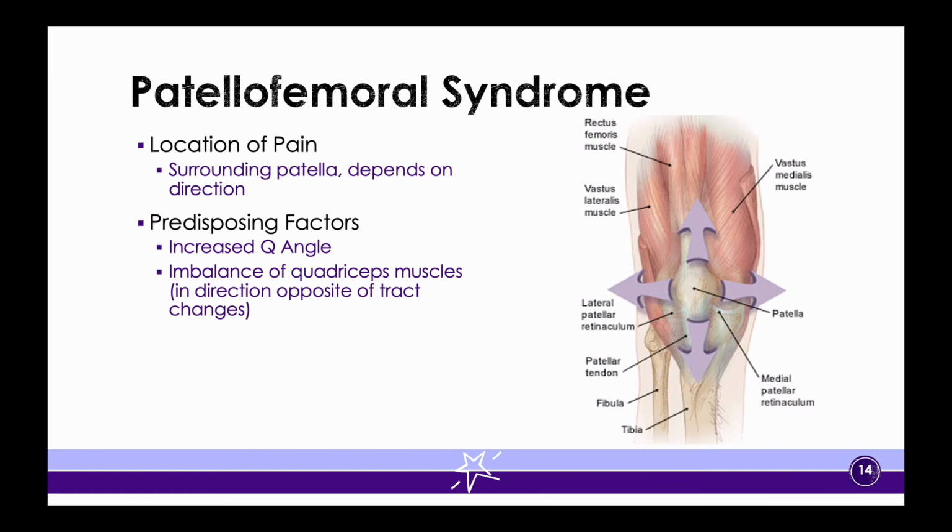And ultimately, we have an imbalance of the quadricep muscles, and it's going to be in the direction opposite of the track. So let's say we're having strong vastus lateralis muscles, but weak medialis muscles, the patella will start to move towards that lateral side, and we're going to need to relax and inhibit these stronger muscles that are constantly activated and start to build up more strength and activation in the medial muscles.